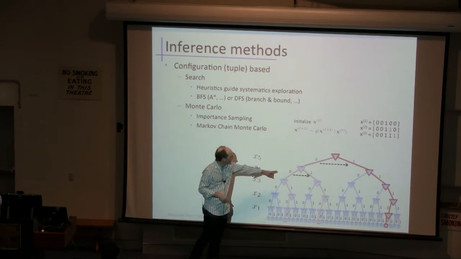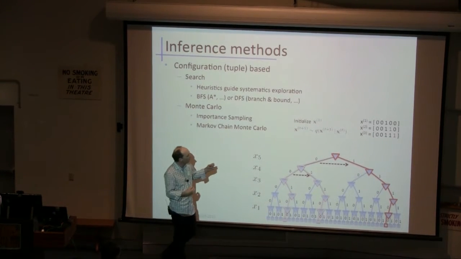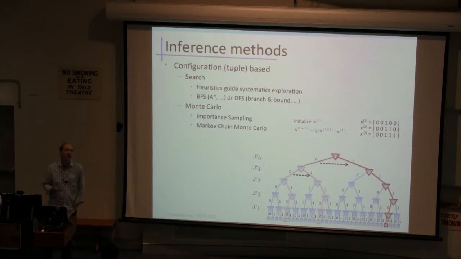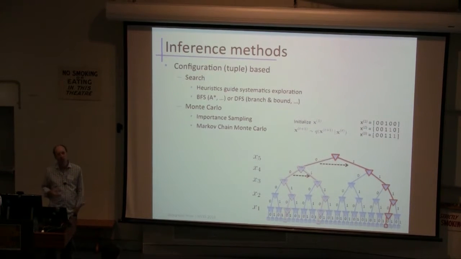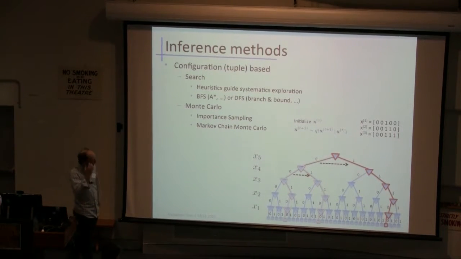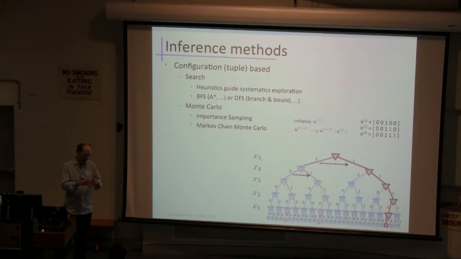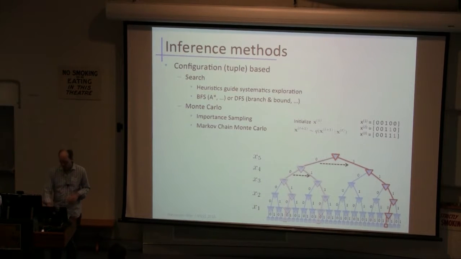So we might start with some initial complete vector and then perturb it in random ways so that we'll end up exploring this space and approaching whatever our desired target distribution is. Okay, so this framework ends up thinking about reasoning about entire states of the system simultaneously.